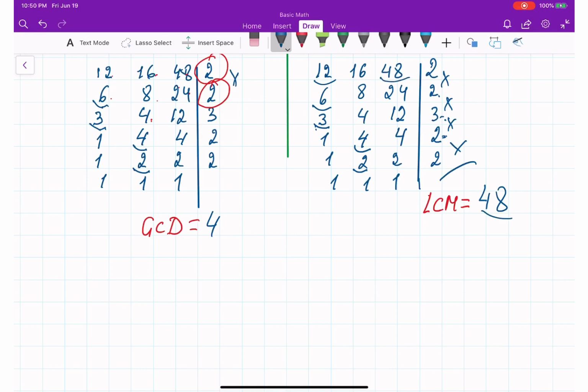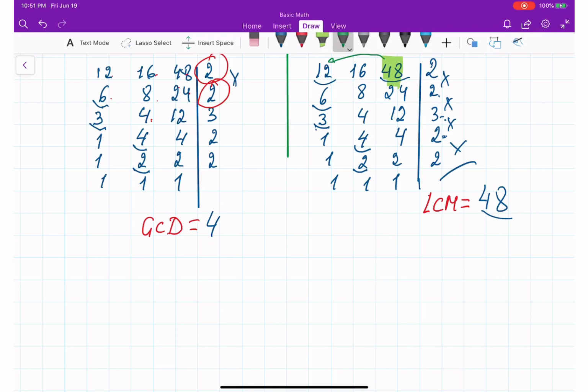We got 48 here, and one of the highest numbers is 48. From here, I can tell you that before you look for least common multiple, it's a good idea to take the biggest number between these three numbers and see if you can divide it by the other two numbers. Let's say 48, I can divide by 12, right?